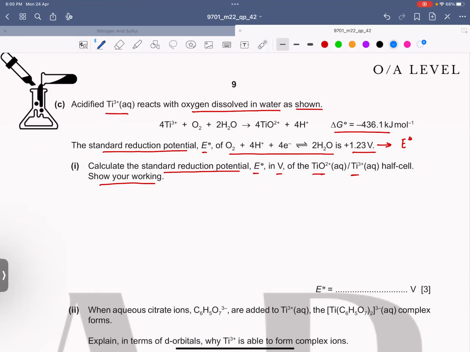So if you recall, that relation is that change in Gibbs free energy is equal to negative n times Faraday times E naught cell. That is the relation.